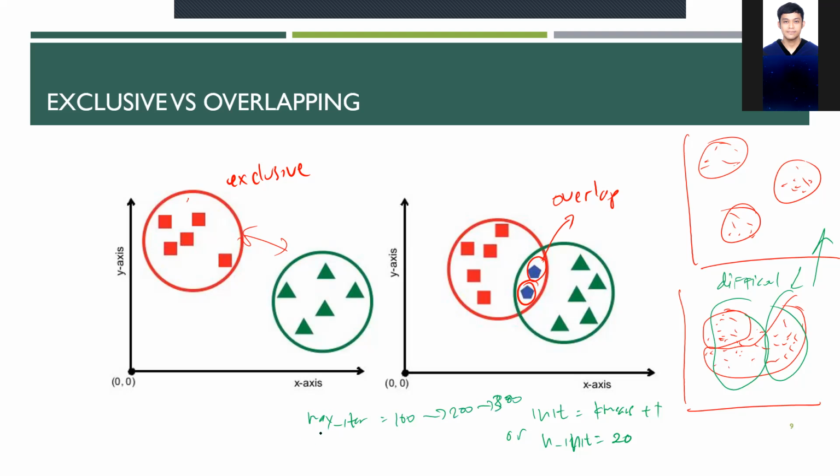Then you also can choose the tolerance, maybe 0.1 or 0.2, for example. But be careful with clusters with many overlapping points like this. If you set the tolerance too small, it may be difficult, and the time will be very long.